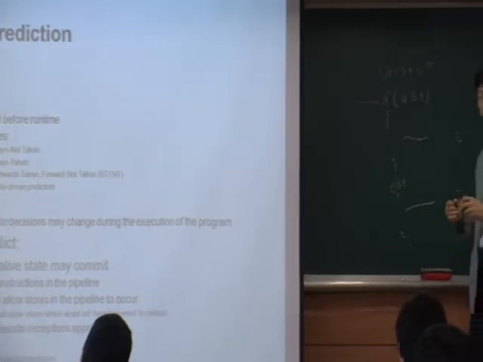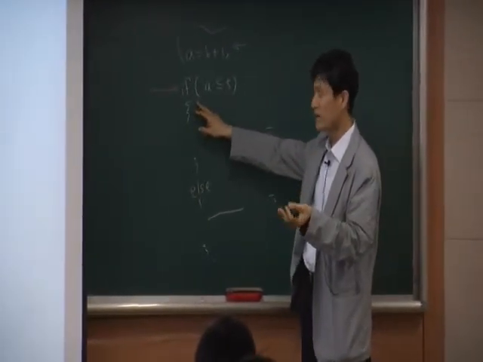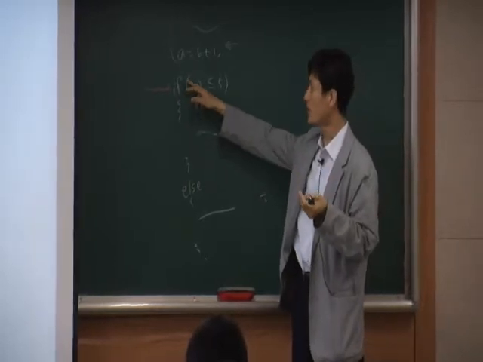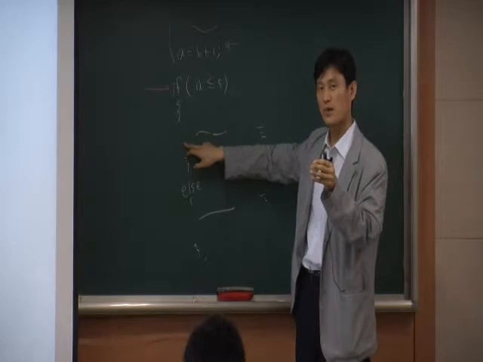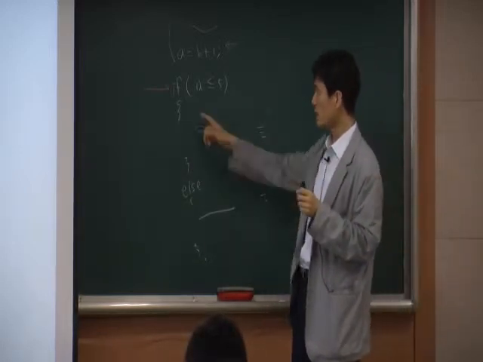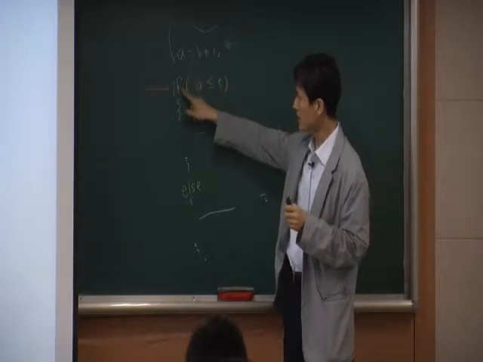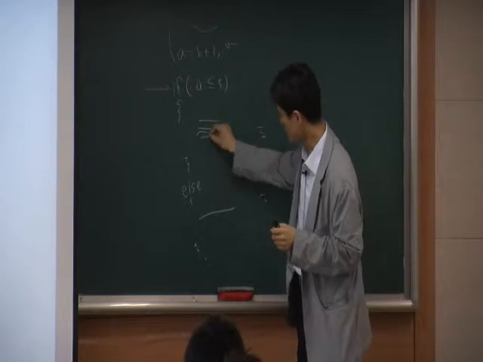The nice thing about branch prediction is that when you predict that with a higher probability we're going to jump to there, you can act on that prediction. You predicted that in the if statement you jump there, so there are instructions here, right?